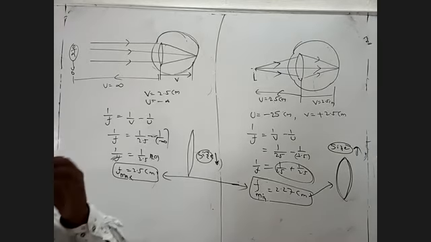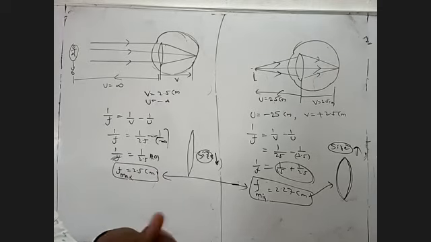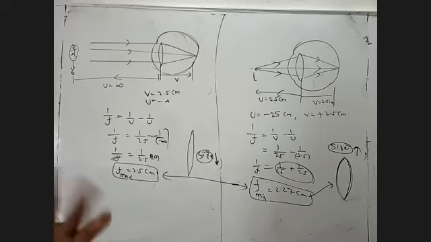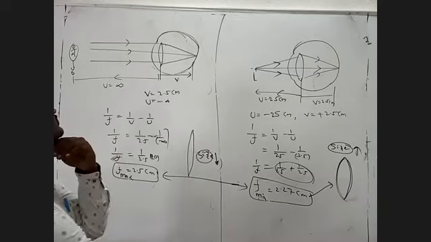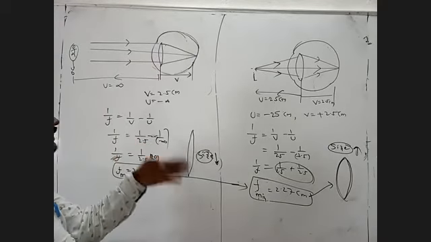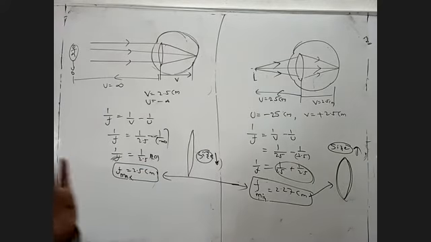The eyelids adjust the focal length of the lens, which means the image forms on the retina.